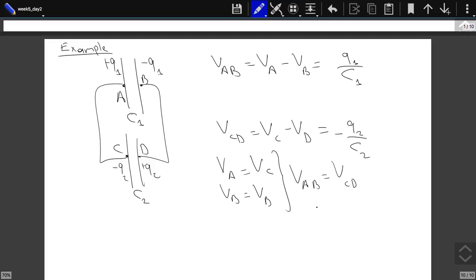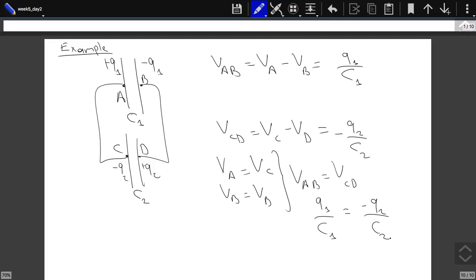So this tells me that Q1 over C1 should be equal to minus Q2 over C2. So either Q1 or Q2 should have the opposite sign. One of them should be negative, one of them should be positive. So even if I initially identified the positive and the negative plates wrongly, it doesn't really make any difference.